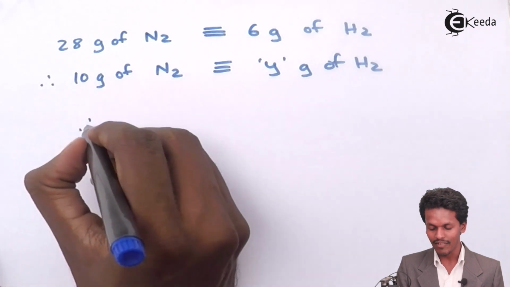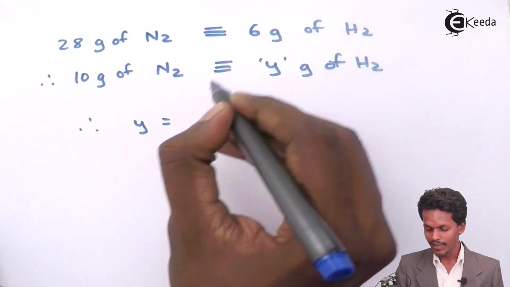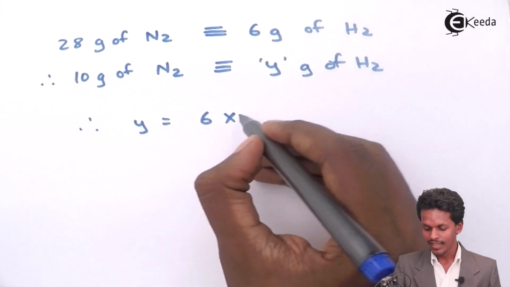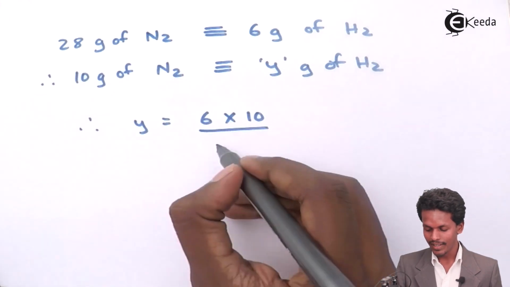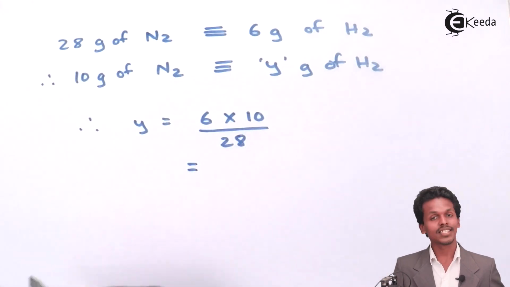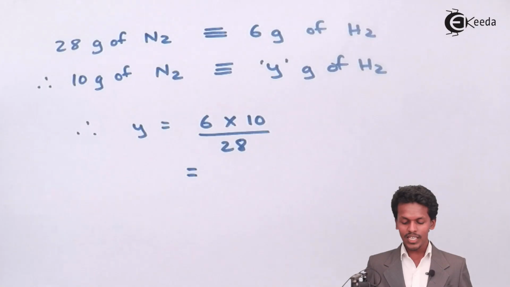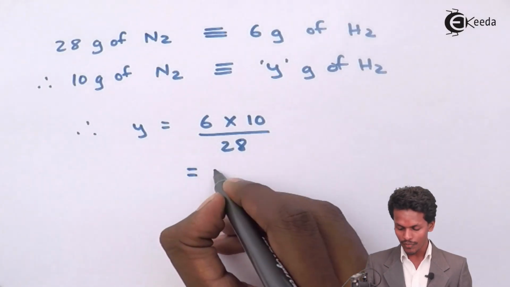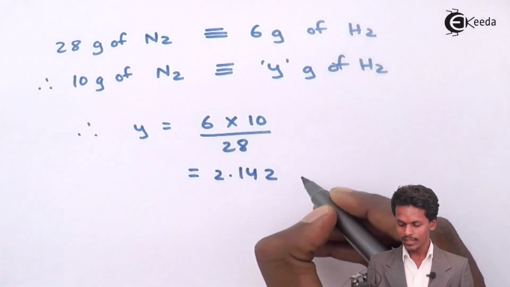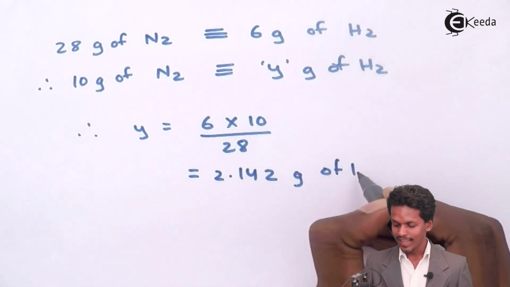I will do a cross multiplication. So Y will be 6 into 10 divided by 28. Let us see what is the answer that we get. We have got a value of 2.142 gram of H2.